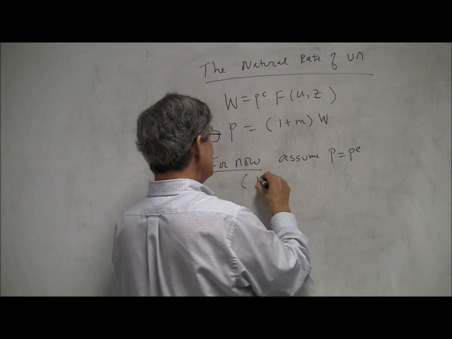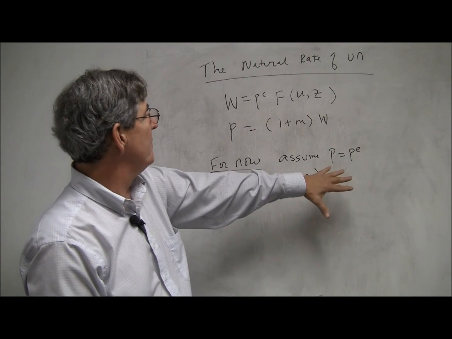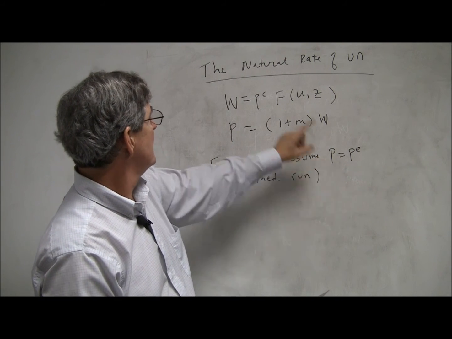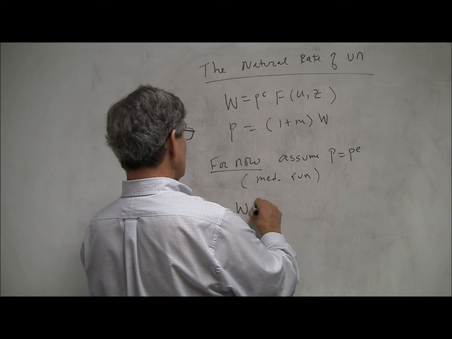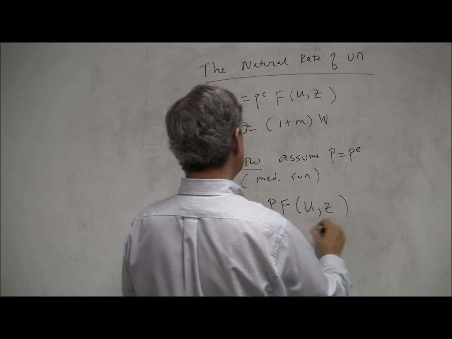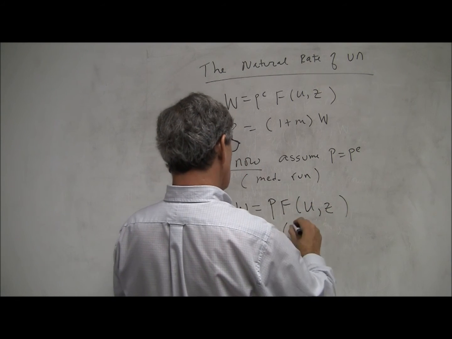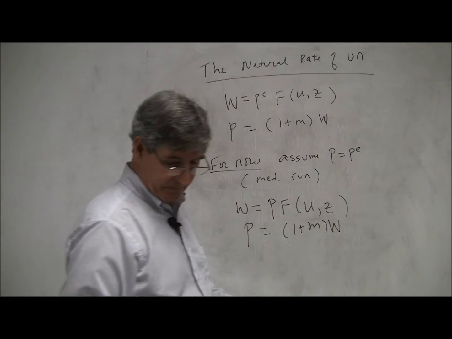That is, assume we're in the medium run. That gets us to full employment in this model. So I can replace that with a P. So now I have W equals P F of U and Z, and P equals 1 plus M times W.